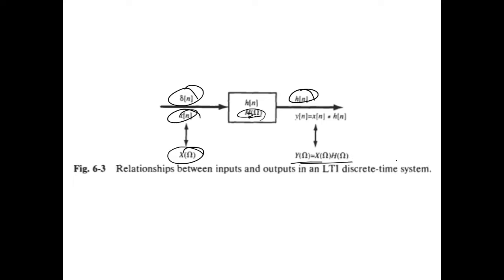The same thing. Okay. So if you want to do it in the time domain, it has to be the convolution operator, and in the frequency domain, it is the multiplication operator.